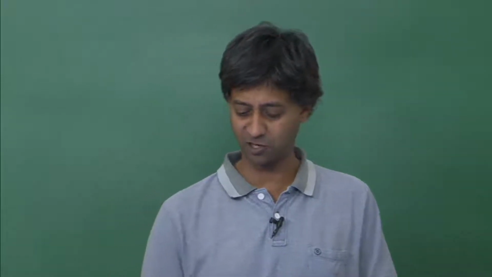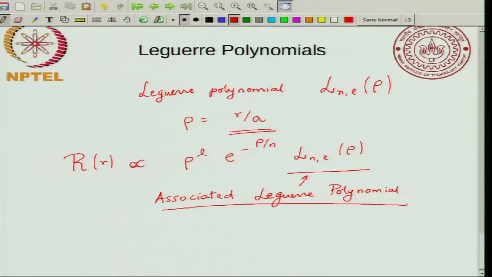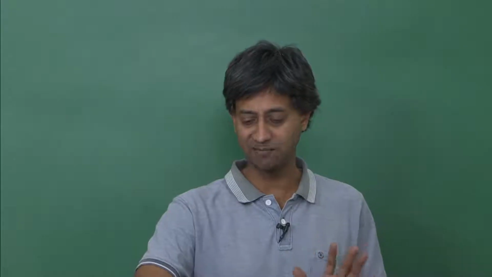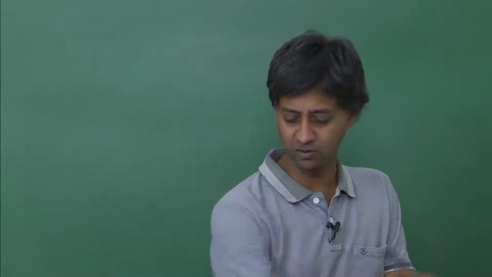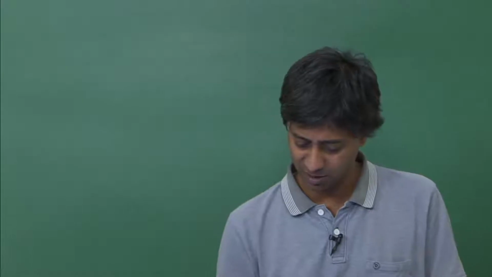If you want, you can go and work out all the details and all the properties of the Laguerre polynomials. What we know is that this associated Laguerre polynomial L n L has degree n minus L minus 1.